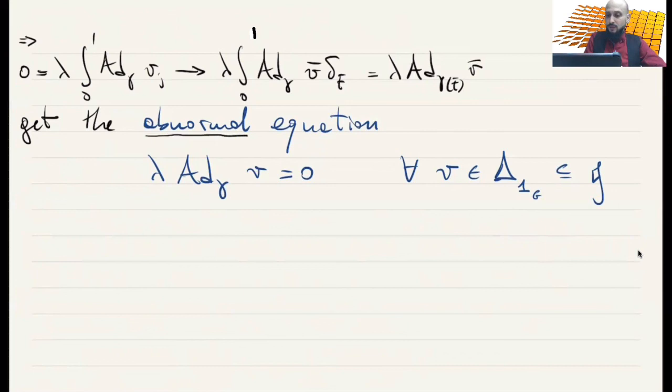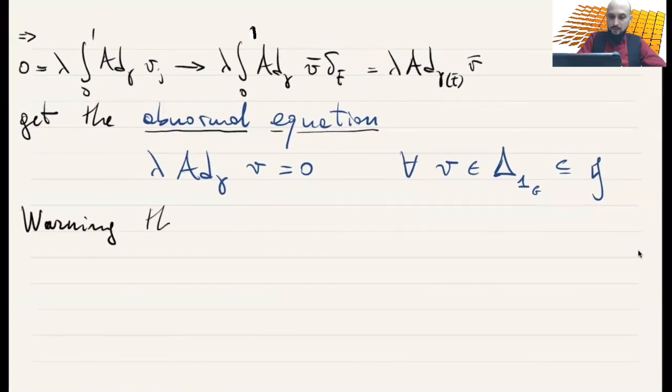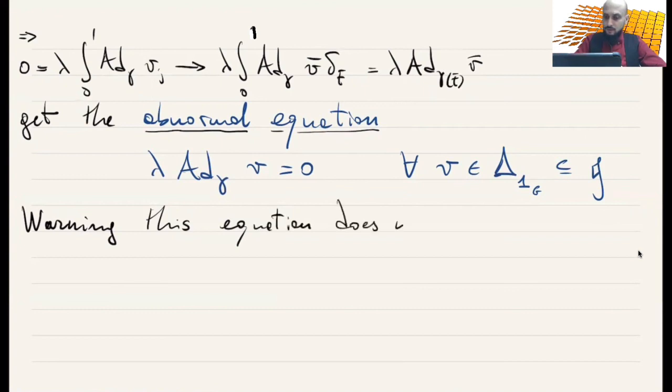Differently from the normal equation, we cannot deduce that gamma is smooth. Okay, so warning: this equation does not imply smoothness.